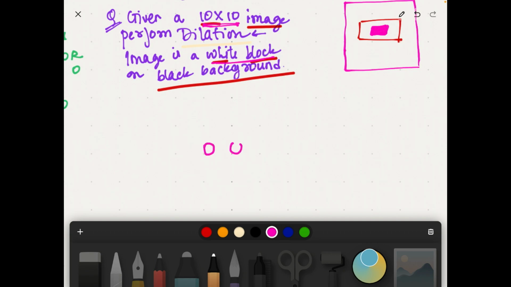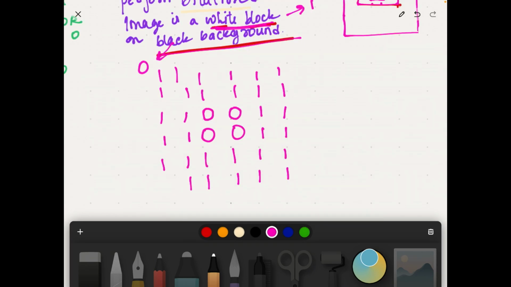So we have these zeros. The black here will be represented by zeros and the white block would be represented by 1. If this is the cavity and then surrounding we have got white block, it's again going to have a width and height of 2, or like length or breadth of 2. So this would be 1 1 1 1 and 1 1 here, right? This actually covers our entire white block with the black cavity in between.